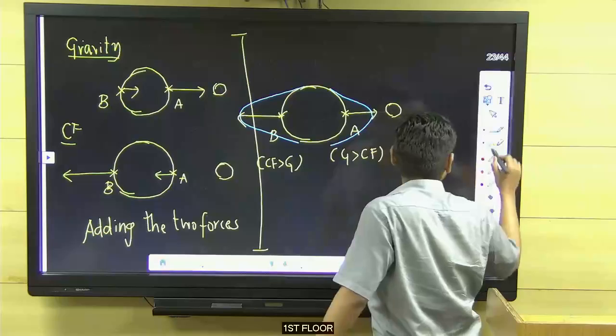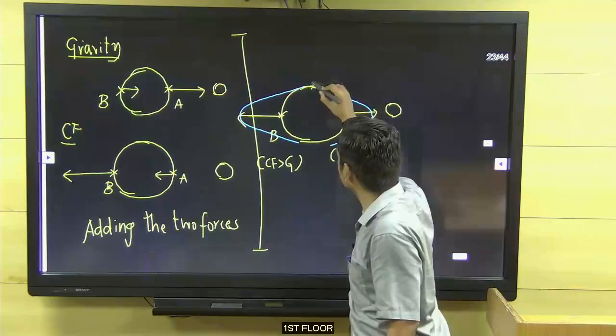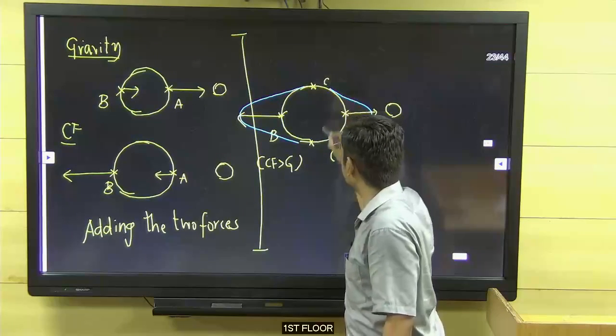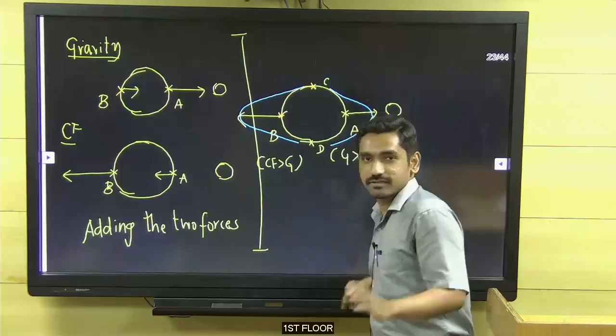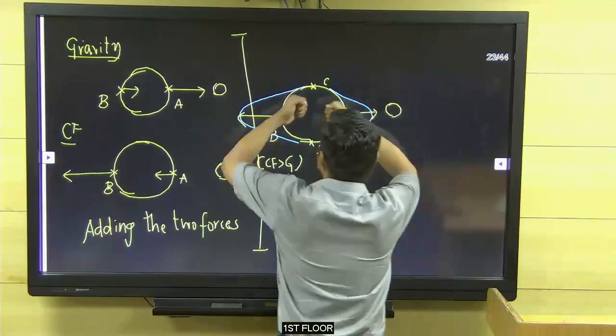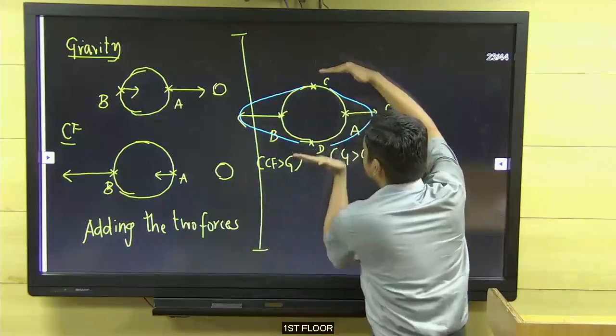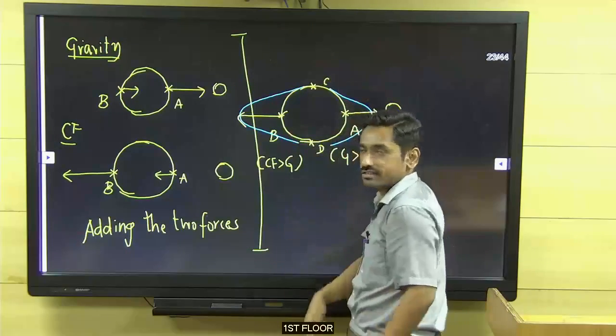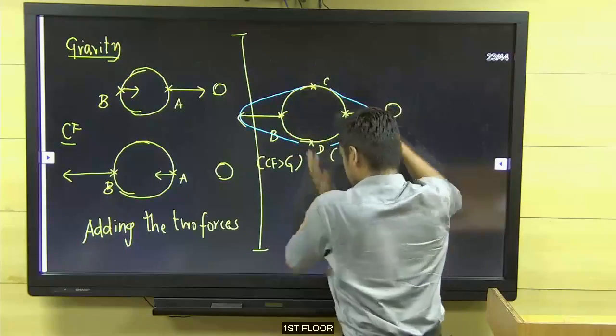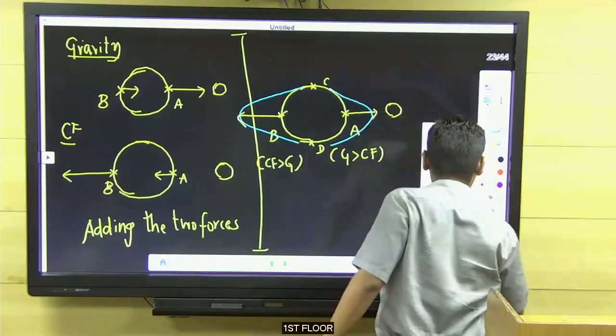We'll call them C and D here. Volume is constant. Here if you expand, in the center water will decline, isn't it? So at points C and D, there will be a decline in water level.